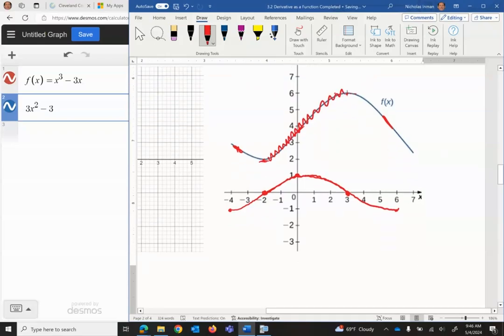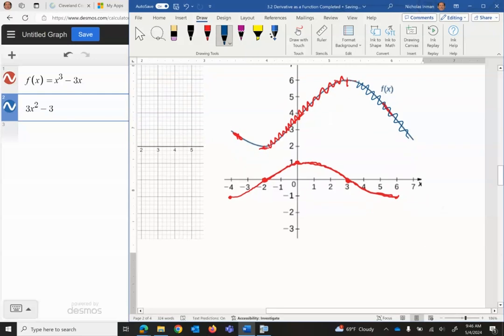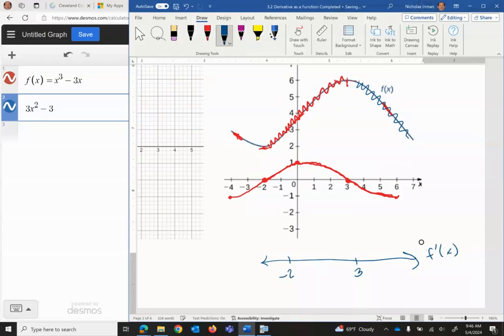Here, our derivative values are negative. Notice our graph is decreasing. You might get asked to make a sign chart for our f prime. From negative 2 to 3, our derivative was positive, so our function is increasing.